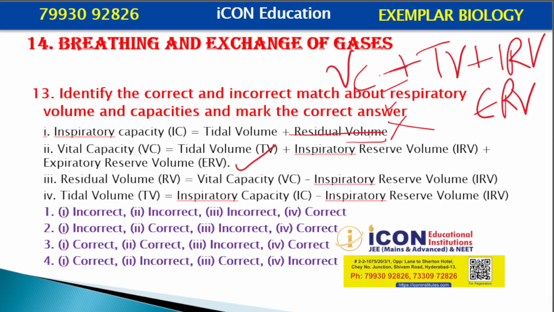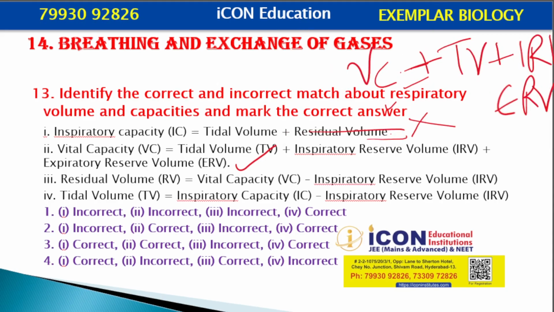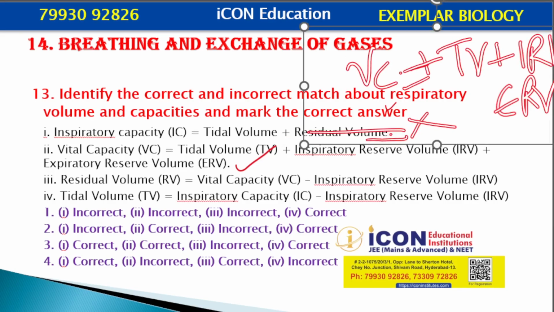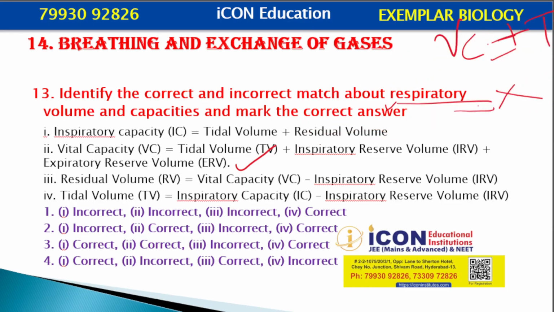So, moving on. Now, what is the third one? Residual volume equals VC minus IRV.